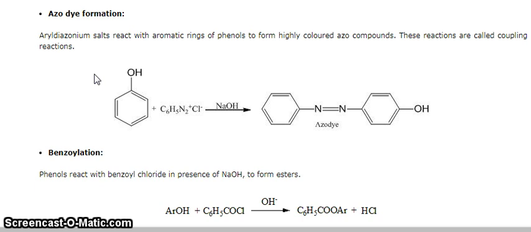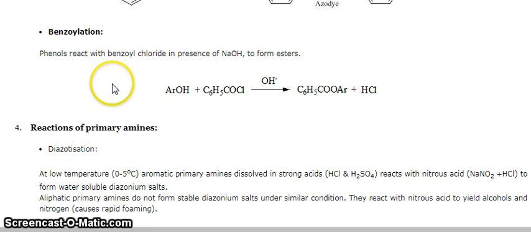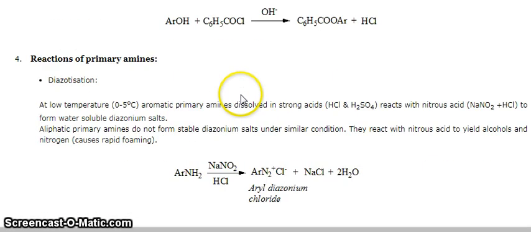Aryl diazonium salt reacts with the aromatic ring of phenol to form a highly colored azo compound, and these reactions are called coupling reactions. You see the formation of azo dye. Benzoylation. Phenol reacts with benzoyl chloride in the presence of sodium hydroxide to form esters. This is also a very common reaction.